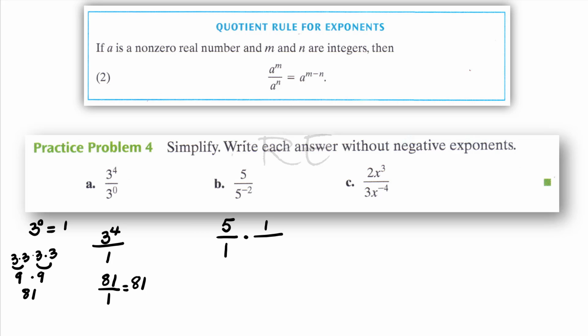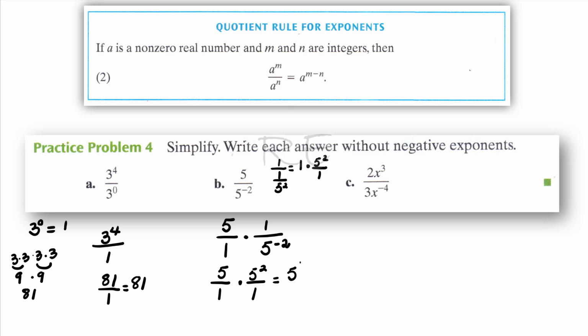5 over 1 multiplied by 1 over 5 to the negative 2. 5 over 1, we flip and change the sign. It's going to be multiplied by 5 to the second over 1. 5 to the second over 1.